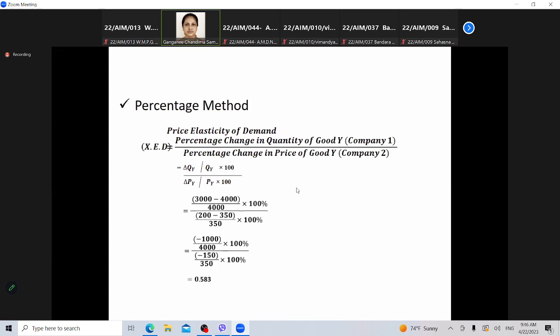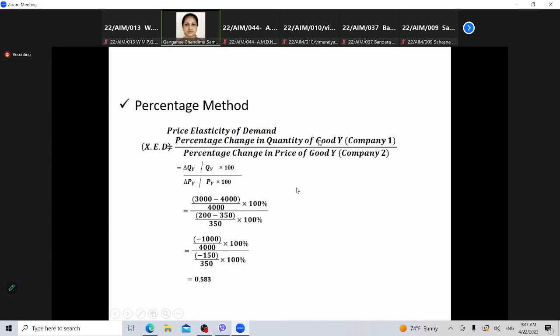So here, percentage method. Two companies. That's what I also thought, because only one good, but two companies. The method is somewhat different, but the procedure is the same. Cross price elasticity of demand.